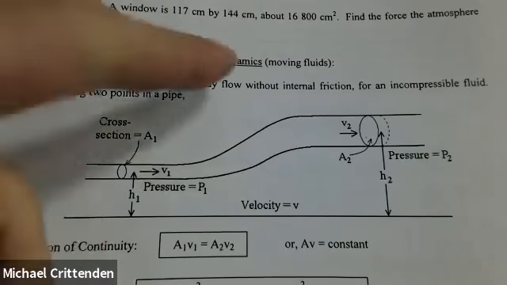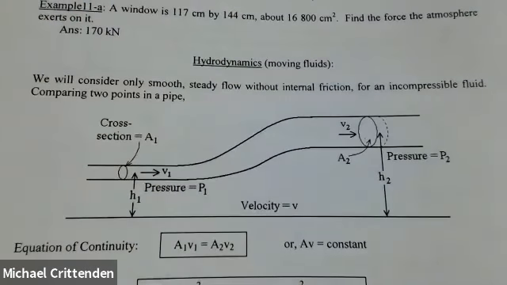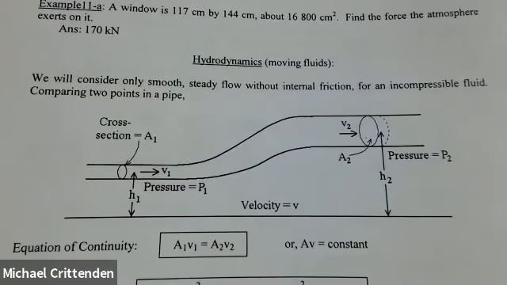But the words mean the same thing they do in general, statics and dynamics. Statics is the study of objects remaining at rest, and dynamics is when you've got things moving around.